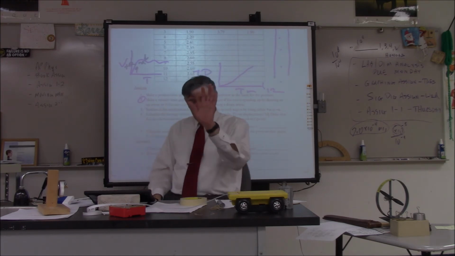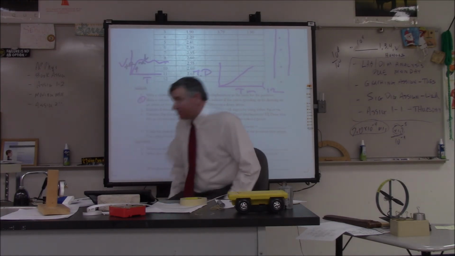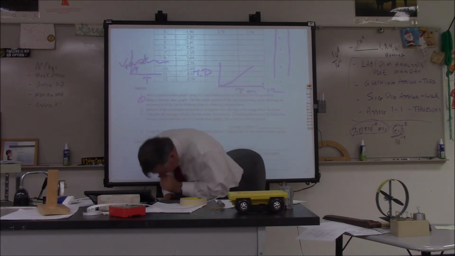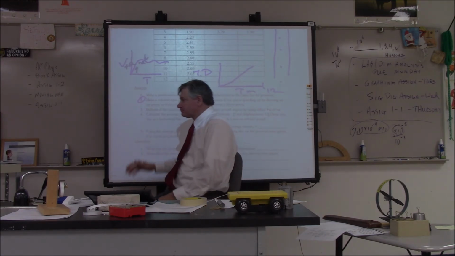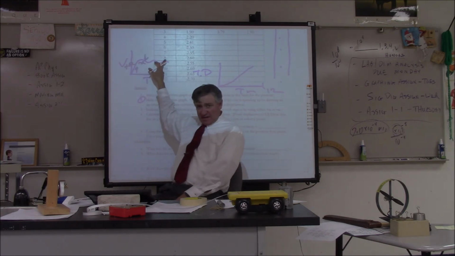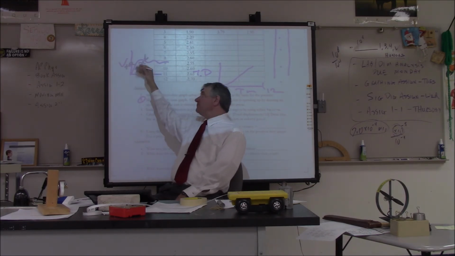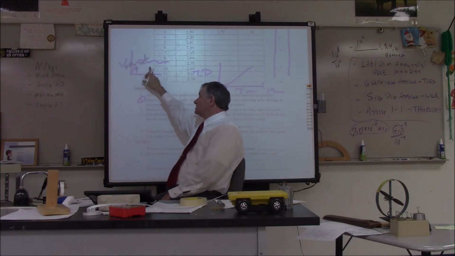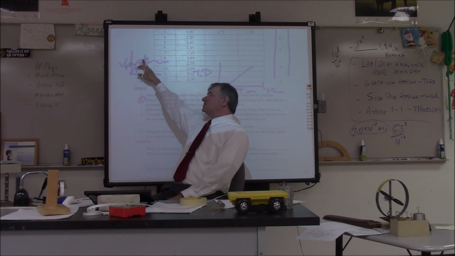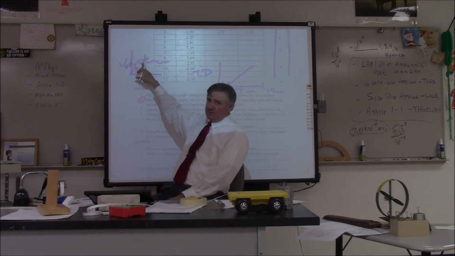Now, in this lab, because you're always going to have positive velocity, we're not going to change the direction. So either your acceleration is going to be positive or negative. So basically, if it's an upward sloping line, you put a positive A. If it's a downward sloping line, you put a negative A.